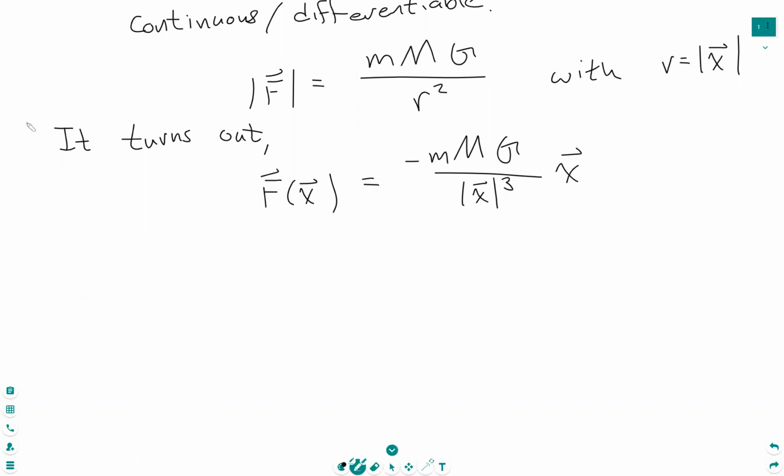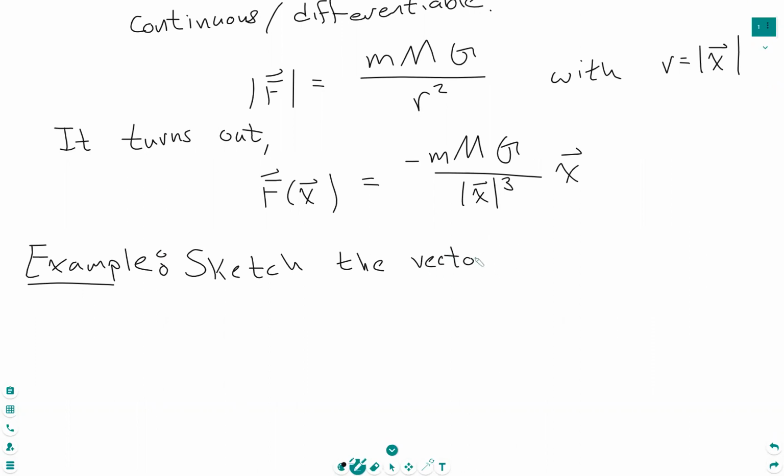So let's do an example where we start to look, or maybe start to plot out a vector field. So we're going to sketch the vector field that's given by x, y.